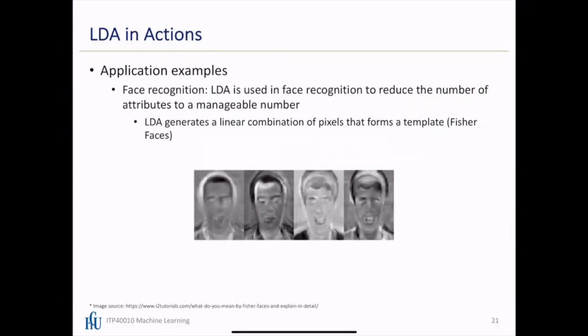LDA has been used in a number of examples. First of all, although the derivation is quite complicated, eventually we can derive a simple W projection matrix or projection vector, and in terms of computation, it is really simple. It has been used in face recognition, for example.